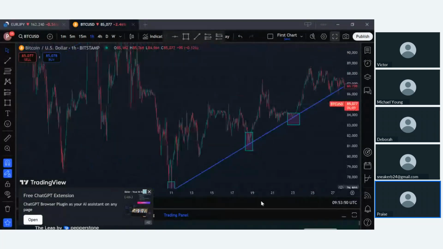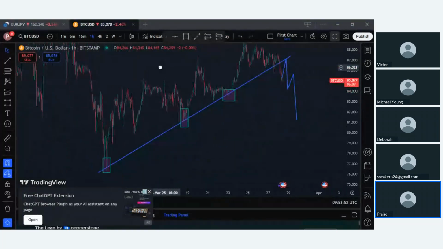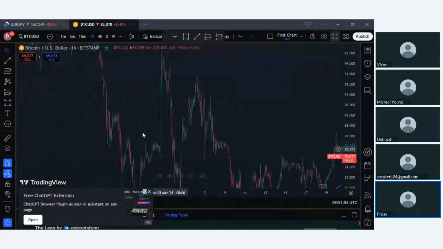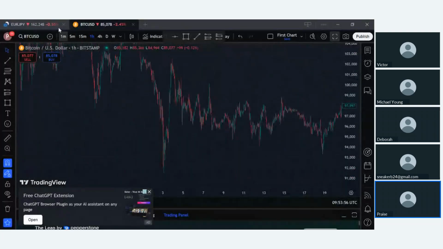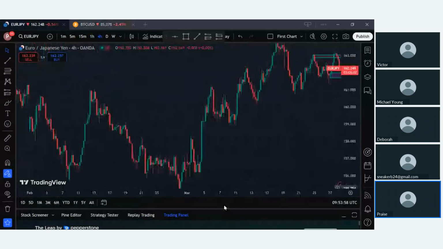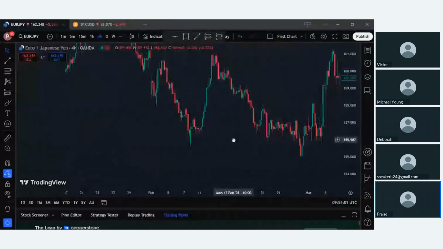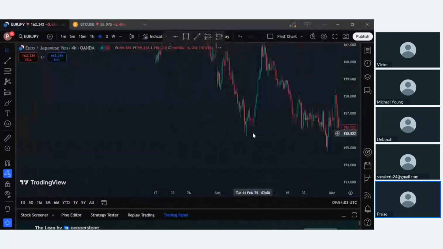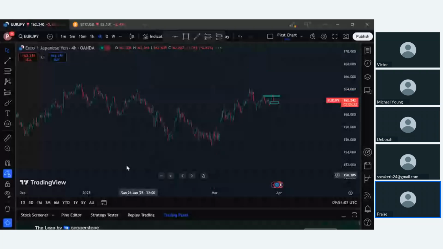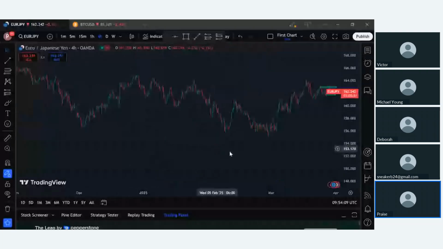So let's look for an example of what I'm saying. Let's look for a market that behaved like that, and we can use it for our example.